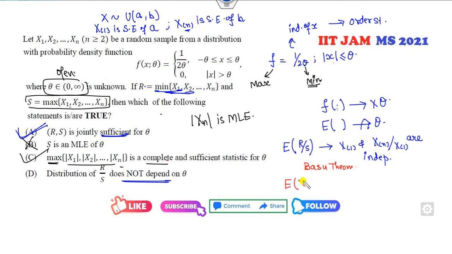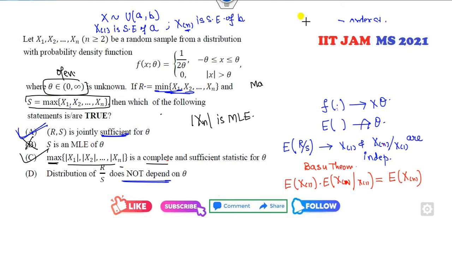x of 1 into x of n, or x1 I can write here as xn divided by x1. So if they are independent, I can write it as a product of them. Fine. Now what is the distribution of the x1?